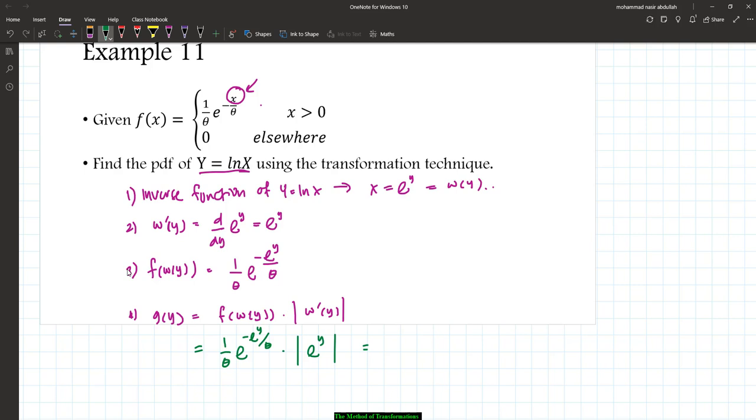So we can match it, they are the same. So it should be 1 over theta exponential y minus exponential y over theta. Right, so this is our new PDF.